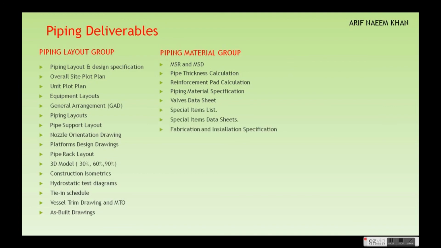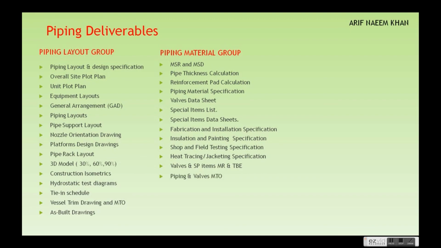Then fabrication and installation specification, insulation and painting specifications, shop and field testing specification, heat tracing and jacketing specification, valves and special item MRs and TBs, then piping and valves MTO. They also do vendor drawing reviews, prepare the corrosion study report based on the project deliverables and the material testing report, and then the pressure test procedure for the new piping system.